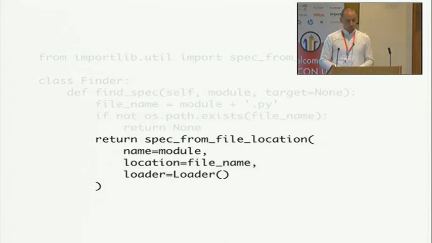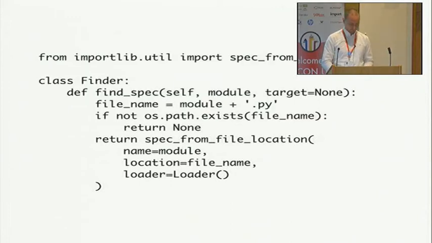Now we know that the file actually exists, so we return module spec using a helpful function from importlib called spec from file location, giving it a name, which is the fully qualified name of this module, location, our name plus py, and the loader. What is loader?